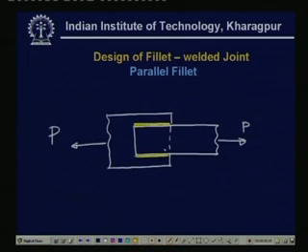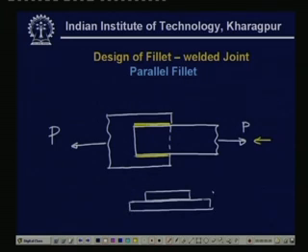Now, what will be the design criteria for that? If you look from this side, it looks like there are two plates like this, and then the fillet joint. This is the fillet joint.